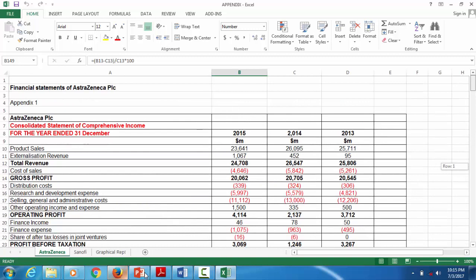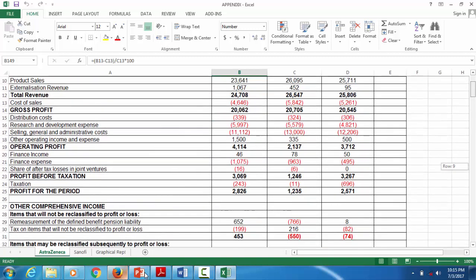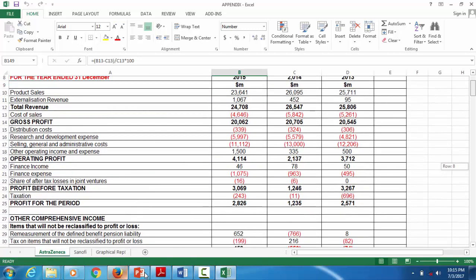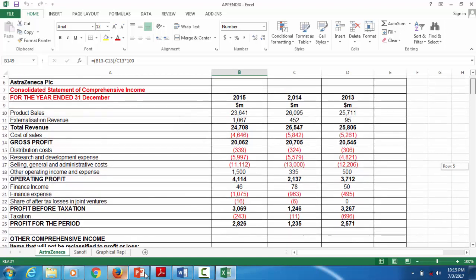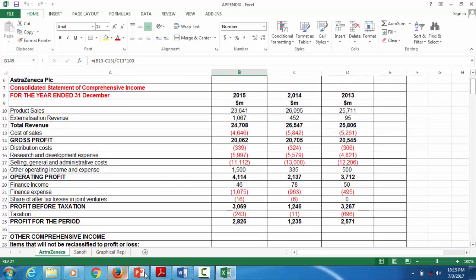For example, we said gross profit margin, and as you can see, gross profit margin will be gross profit divided by the revenue times 100. What lies in between gross profit and revenue is the cost of sales. So cost of sales becomes a very important component because you must have analyzed revenue, which is growth.